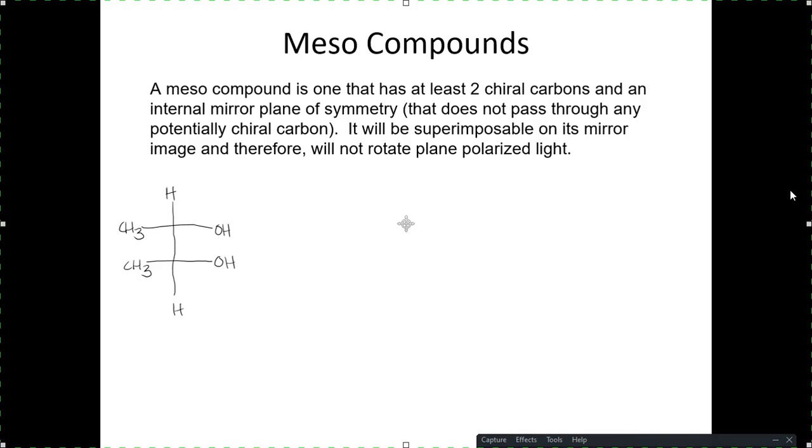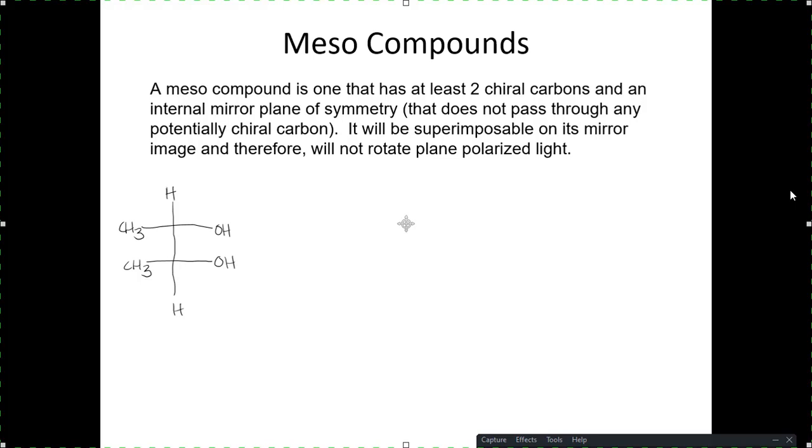And so that introduced the idea of having diastereomers, which were non-superimposable, non-mirror image isomers where one of the chiral centers has the same configuration in both molecules and the other chiral center has the opposite configuration. And a more general definition would be at least one chiral center is the same in both molecules and at least one chiral center is opposite in both molecules.